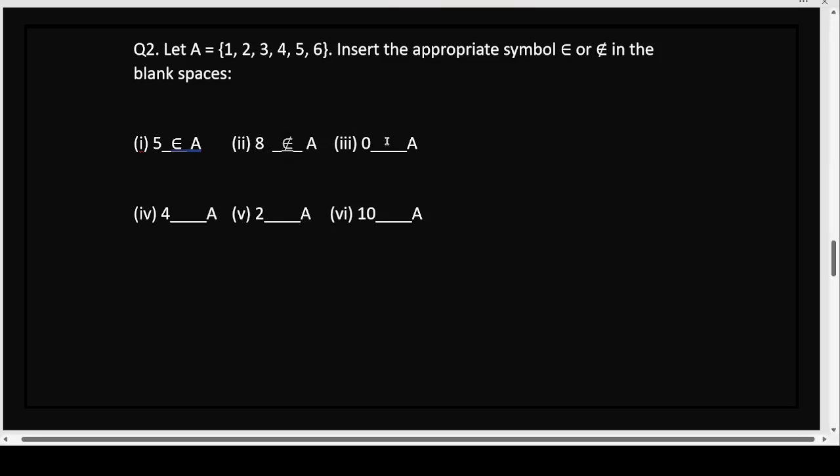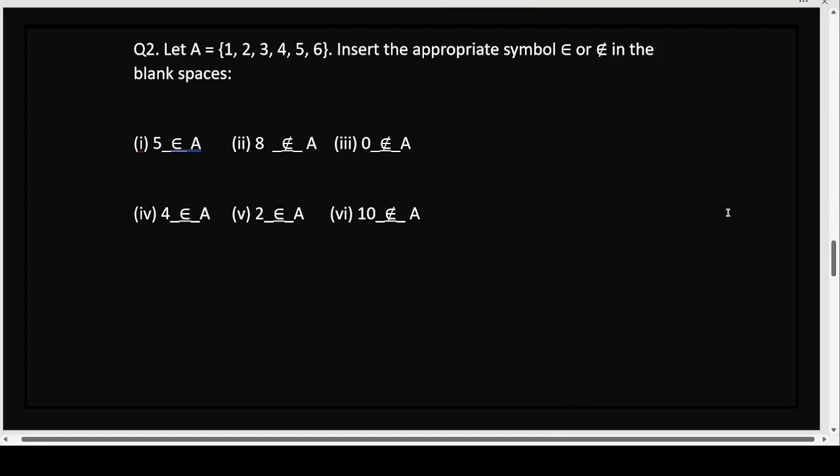No, it does not belong to A. Does 4 belong to A? Yes, it belongs to A. Does 2 belong to A? Yes. Does 10 belong to A? No, it does not belong to A. See, this example is to highlight the use of epsilon, belongs to or does not belong to.